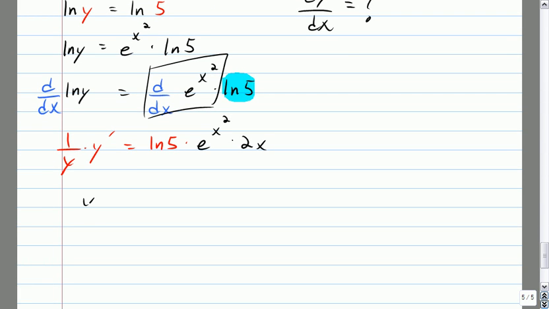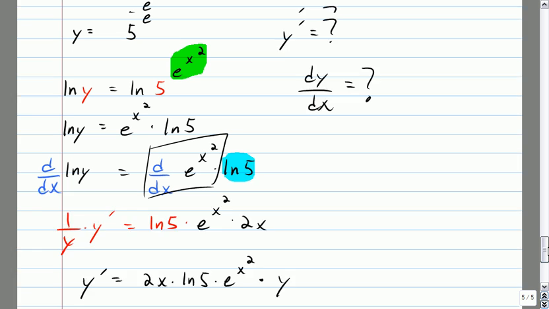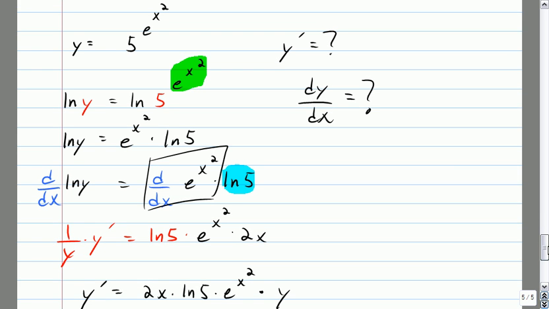Multiply both sides by y, and you get y prime equals 2x natural log 5 e to the x squared times y. And y was 5 raised to the power of e to the x squared.